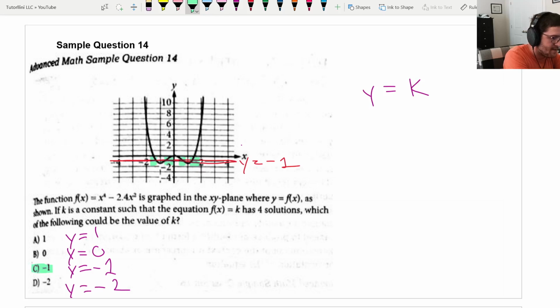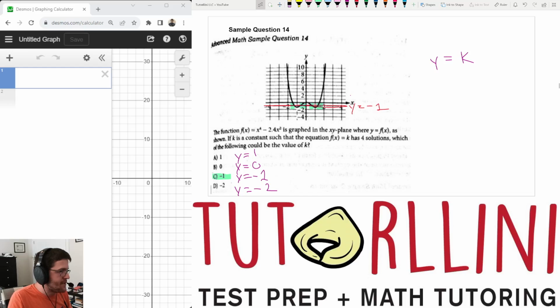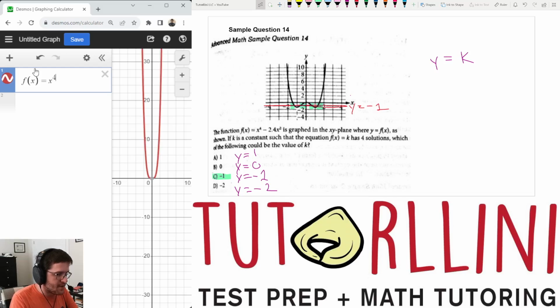So I think that's our answer. I mean, geez, this is actually a pretty good one, 14 is C, good. This is actually a pretty good one if they just didn't give you the equation. Because they gave you the equation, you can just start typing this stuff in. So let's do that.